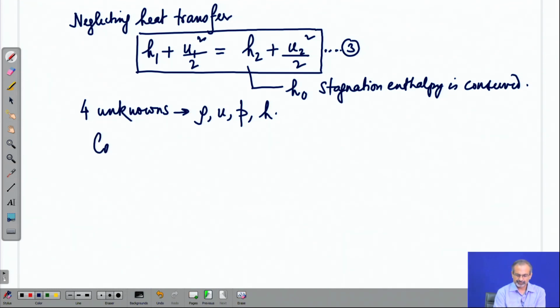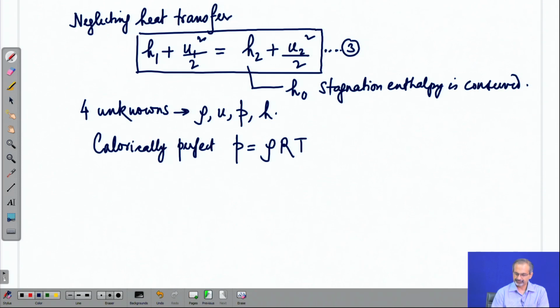Let us assume a calorically perfect gas. We have discussed this calorically perfect gas situation in an earlier lecture. So, you know that the equation of state comes in and the thermodynamic relation comes in, thereby you have 2 more equations.